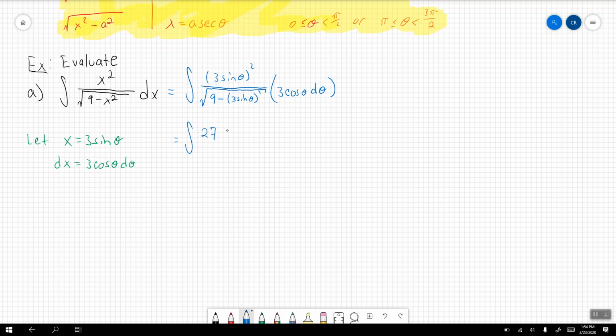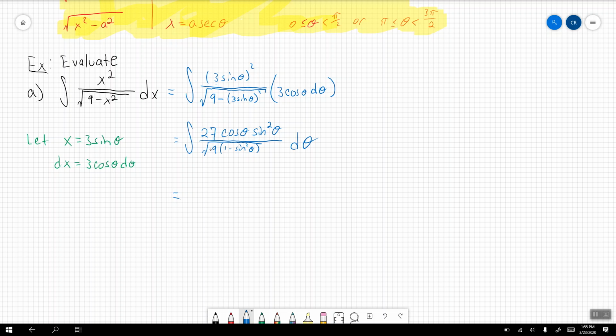So that's 27 times cosine theta times sine squared theta, all divided by, we're going to have 9 minus 9 times sine squared theta. So that's going to be the square root of 9. I'm going to factor that 9 out, and we're going to get 1 minus sine squared theta. And this is all d theta.